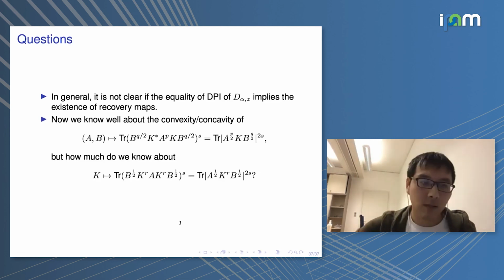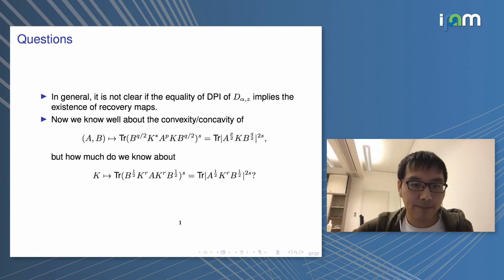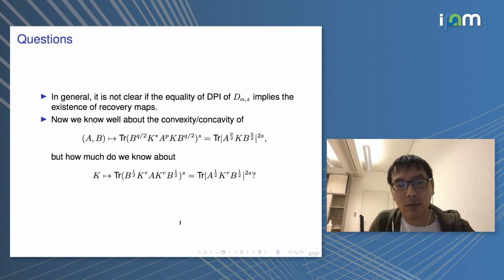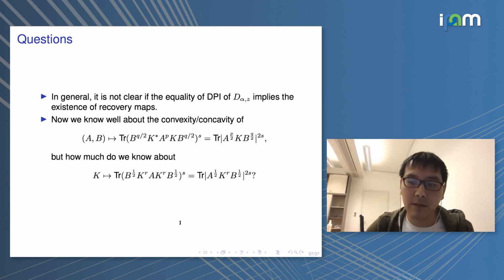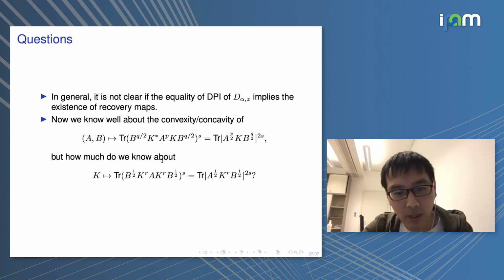The second and last question is, now we know very well about the convexity or concavity of these trace functionals as a function of A and B. But how much do we know about the convexity or concavity of this function as a function of K? In general, you can certainly put some power R here.